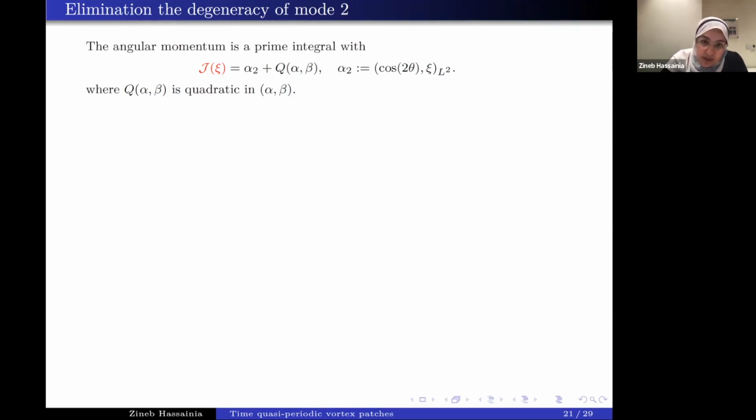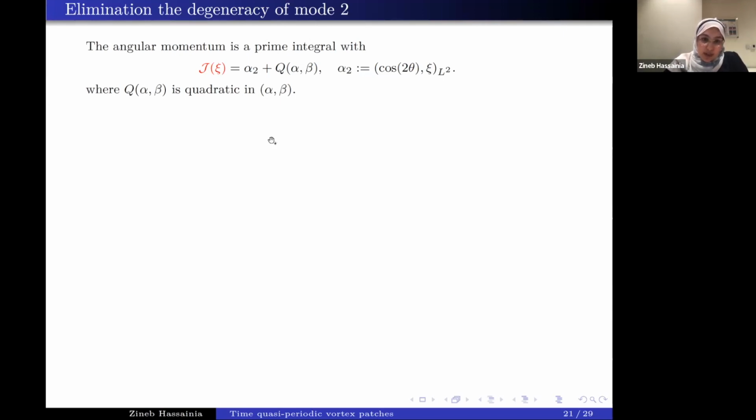And this degeneracy is a consequence of the presence of the angular momentum, which is a conserved quantity. And the second fact is that it has alpha 2 linear component. And this component is exactly where the linear operator degenerates.